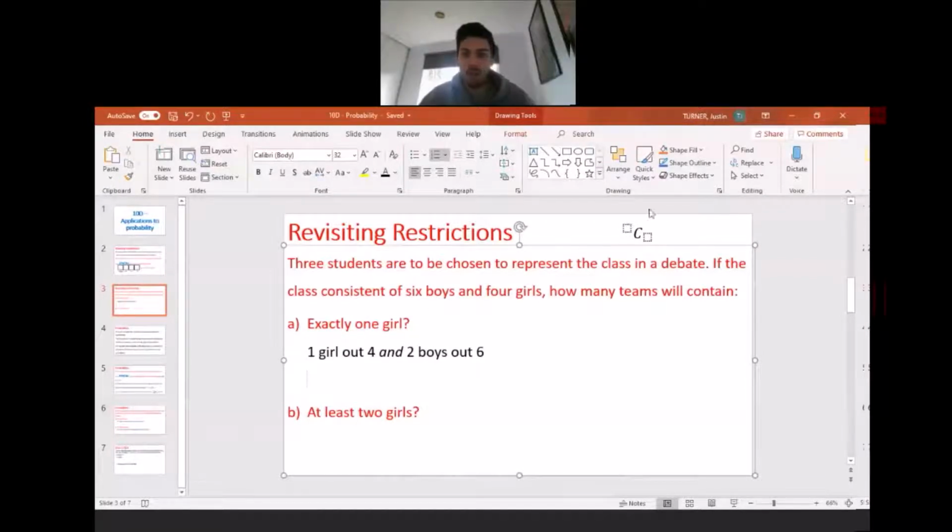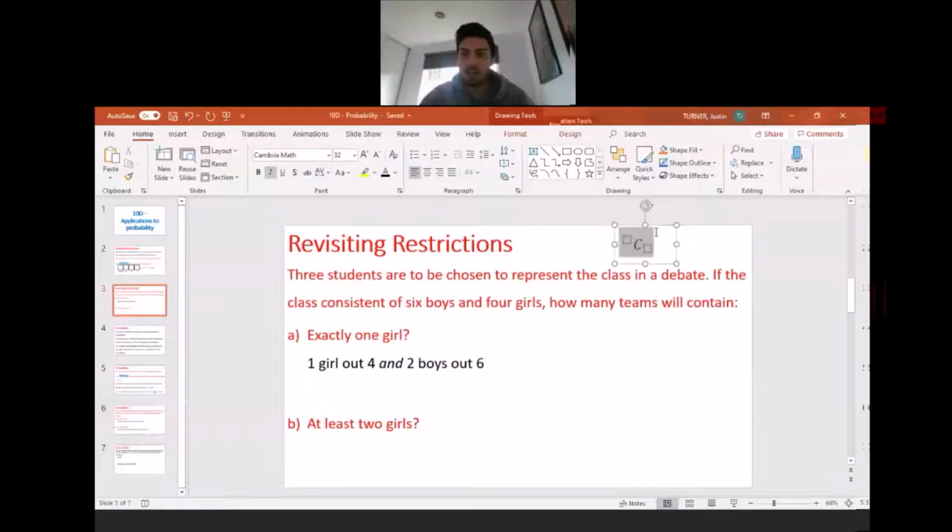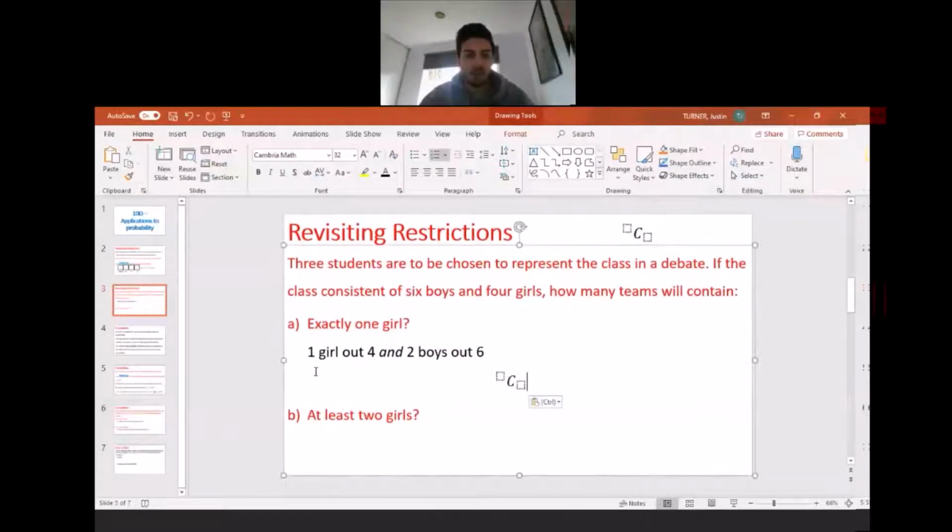What that's going to be is 4C1. So remember, the number that goes at the top is the total amount of people or objects in the group, and 1 is how many you're choosing. So we're choosing 1 girl out of a group of 4.